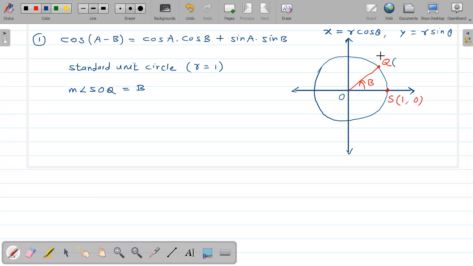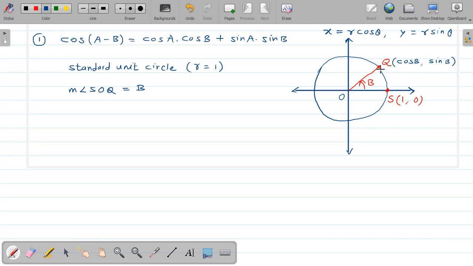So what are the coordinates of point Q with respect to this figure? The coordinates of point Q are cos B, the x coordinate will be cos B, because x is r cos theta, where r is 1 here. So that's why the x coordinate is cos B and the y coordinate is sin B. So see this figure carefully.